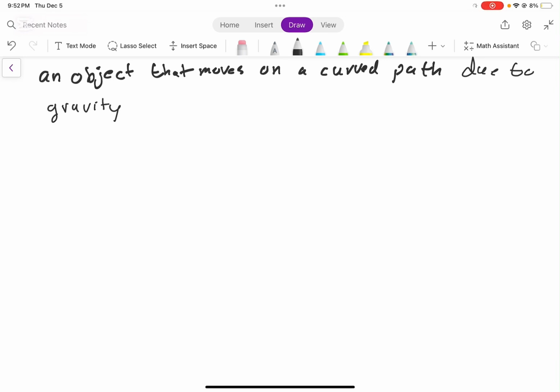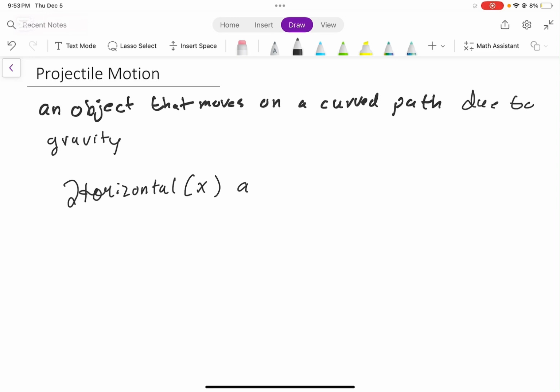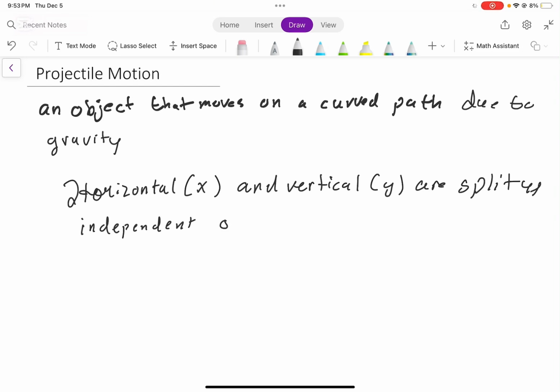But the important thing to know about projectile motion is that the horizontal, which is the x, and vertical, which is the y, are split up, or another word is they're independent of each other.